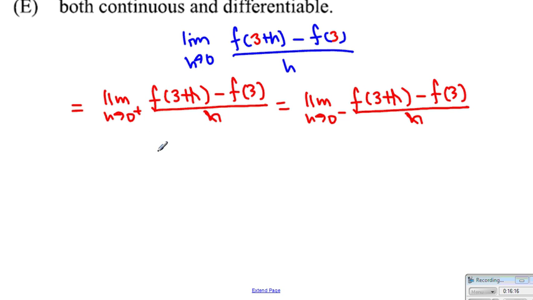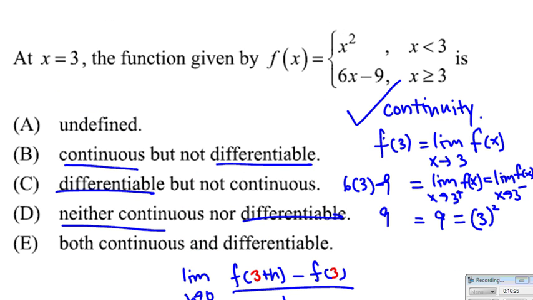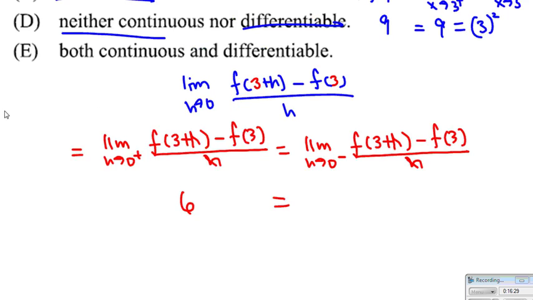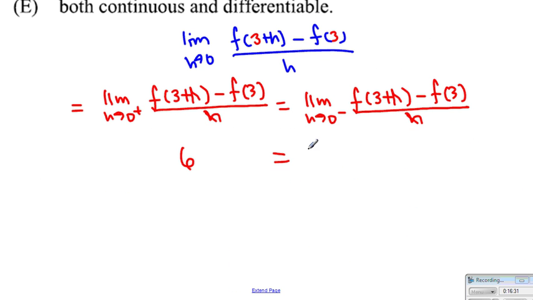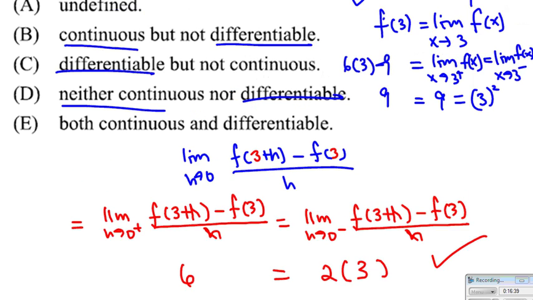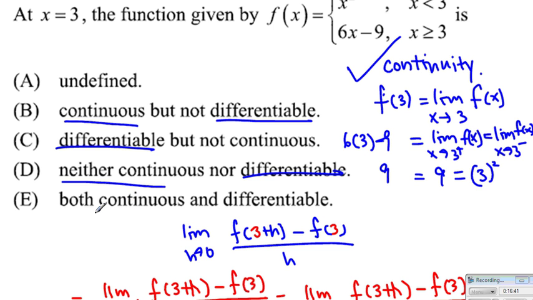Therefore, we end up getting the derivative of f of x when x is greater than 3, which is simply 6. On the other hand, when h is negative, then we are looking at the derivative of x squared, which is 2x, but x is equal to 3. And yes, it is also differentiable. Therefore, our final answer is both continuous and differentiable.